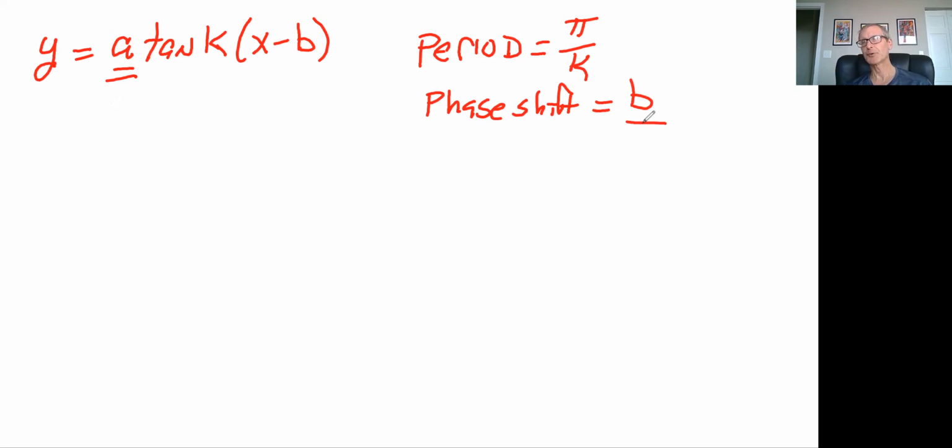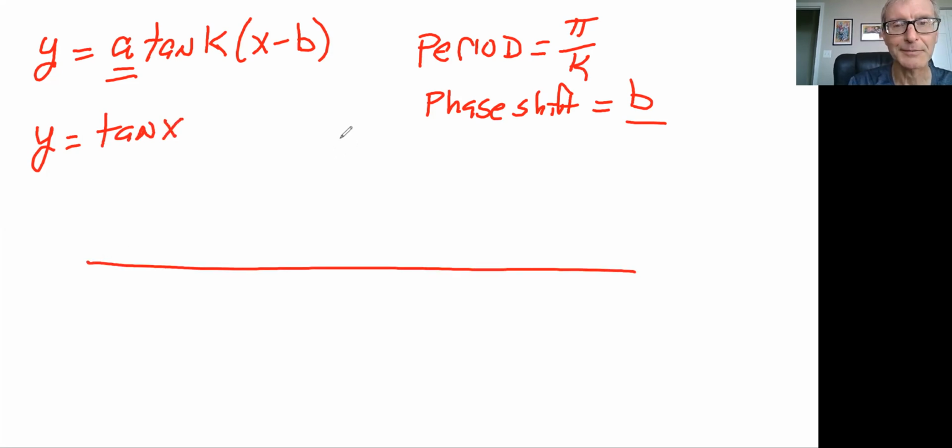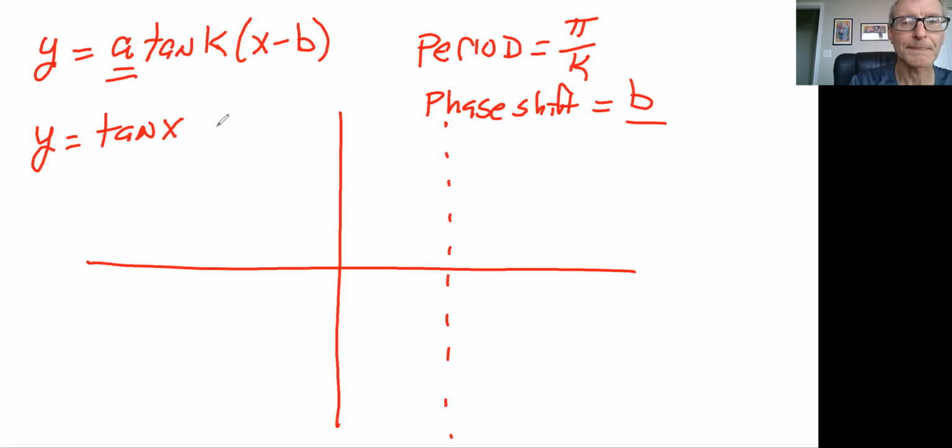So what happens when we kind of maneuver all these? Well, let me walk you through an example. So in the red one, we'll call this one tan of X. And when we did that one, and let's just do 1 period in this case, it looked like this. So we had this was minus pi over 2, and this was pi over 2.